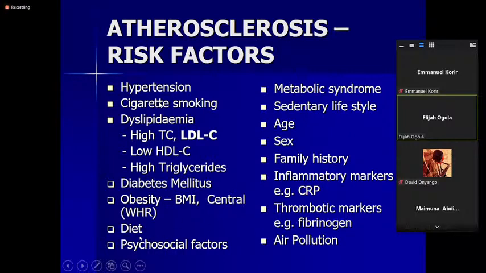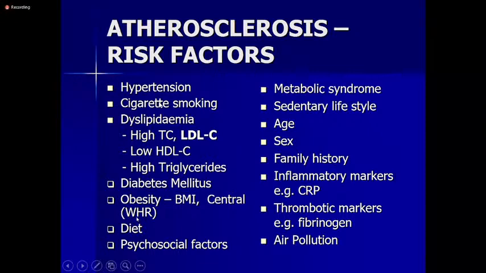And we usually measure this by looking at the ratio of the circumference of your hip and waist. A high waist-hip ratio is bad for you. A low waist-hip ratio is good for you, which means that if you are going to deposit any fat, you better deposit around the hips rather than around your abdomen.